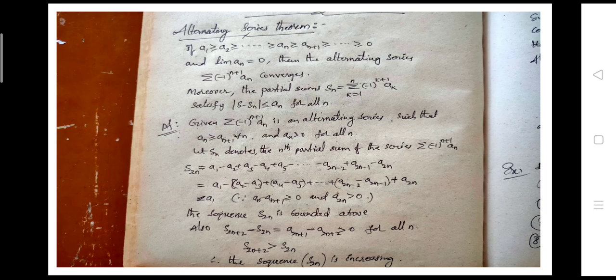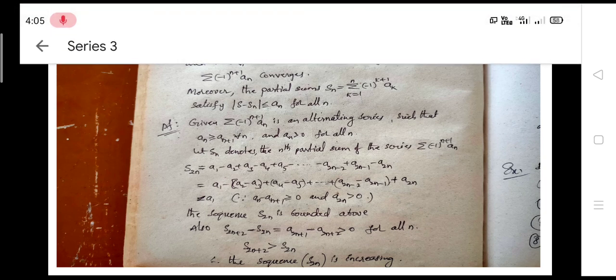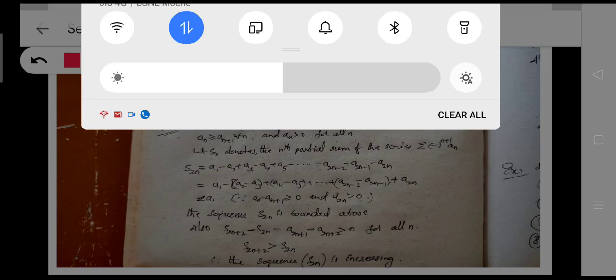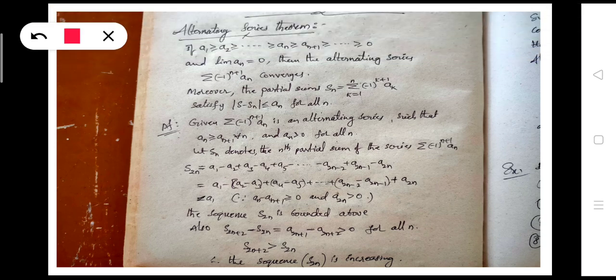Proof. The given series is an alternating series, that is sigma minus 1 whole power n plus 1 into an, such that an is greater than or equal to an plus 1 for every n and an is greater than 0 for all n. Let Sn denote the nth partial sum of the series, and also S2n is equal to a1 minus a2 plus a3 minus a4 plus a5 and so on, minus a2n minus 2 plus a2n minus 1 minus a2n.